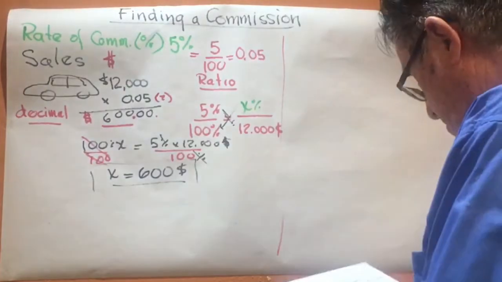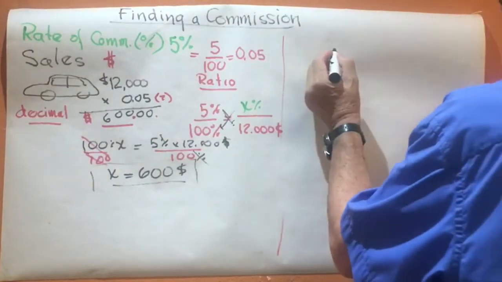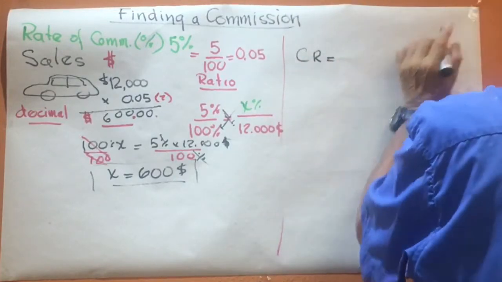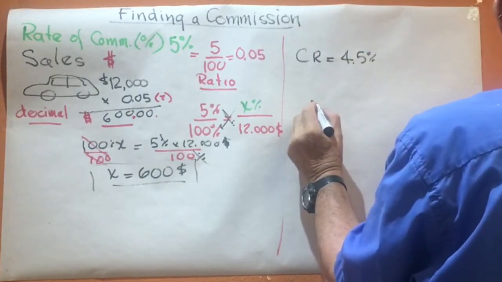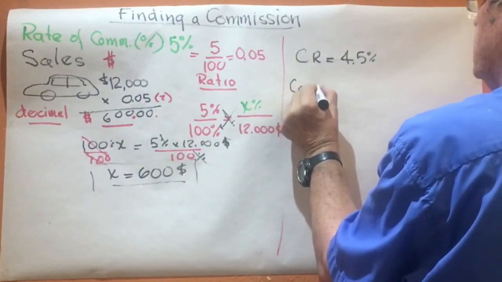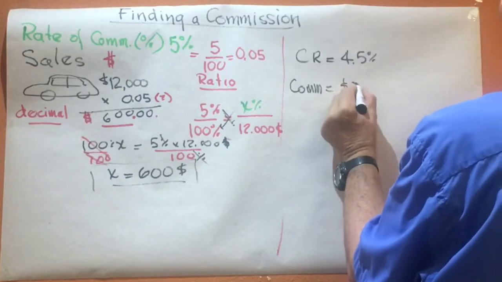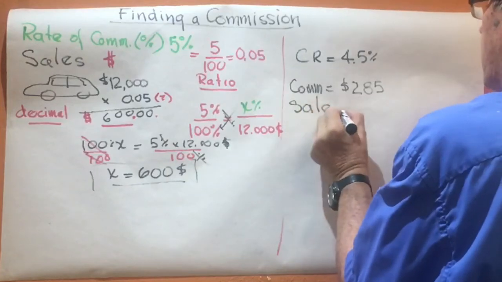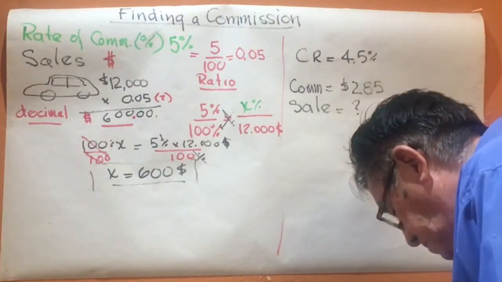If I know the commission rate is equal to 4.5%, and my commission is equal to $285, I want to know how much the sale was. That's the question.